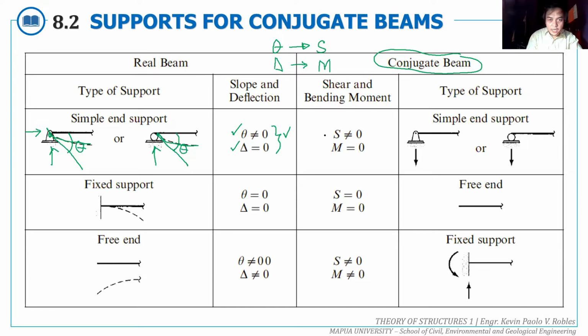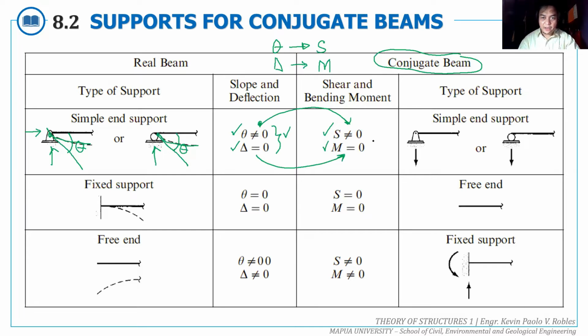So, this is the shear, this is the moment. Since theta is not equal to 0, the corresponding shear would not be equal to 0 also. Since the deflection is equal to 0, the moment on the conjugate beam would be 0.